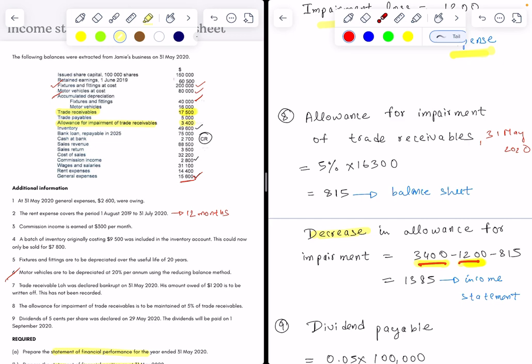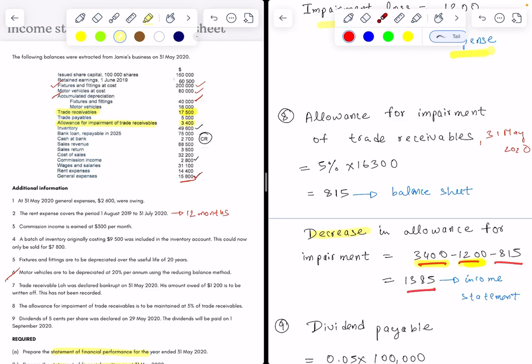Then, for the current financial year, ending 31st of May 2020, the new allowance is $815, which clearly indicates that the allowance for impairment has gone down. So that's why we are subtracting $815 from $3,400 again, and altogether the decrease in allowance for impairment is $1,385.